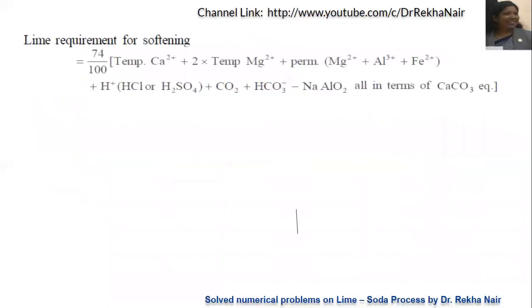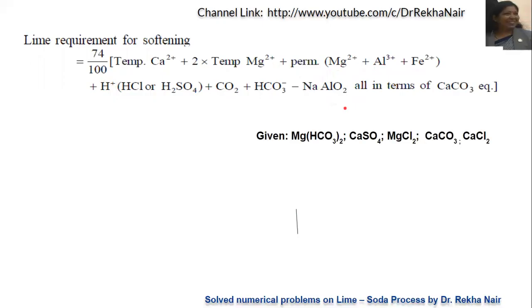Now, applying the formula, lime requirement is equal to 74 upon 100 [temporary calcium + 2 × temporary magnesium + permanent magnesium + aluminum + iron + H+ + carbon dioxide + HCO3- - NaAlO2]. There is no permanent calcium, you should remember that. What all are given in the numerical part?